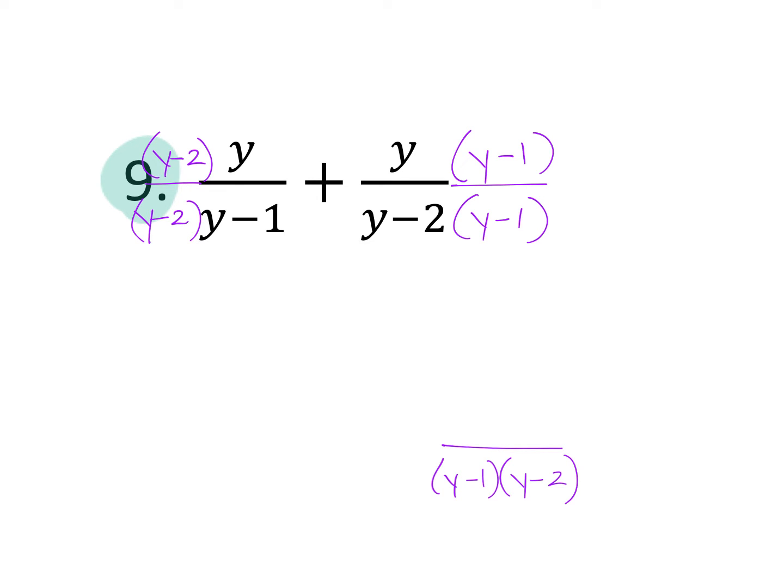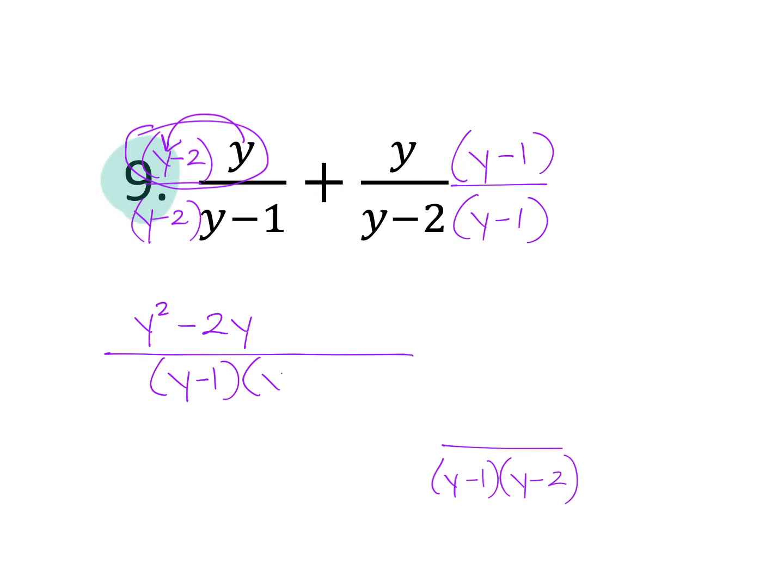Okay. So up top here, you have y times y minus 2. Does anyone mind? Can I just distribute that right now? Is that okay? So it's going to be y squared minus 2y. My common denominator is going to be y minus 1 times y minus 2. And then we're going to add to it, so that's this addition, y squared minus y.